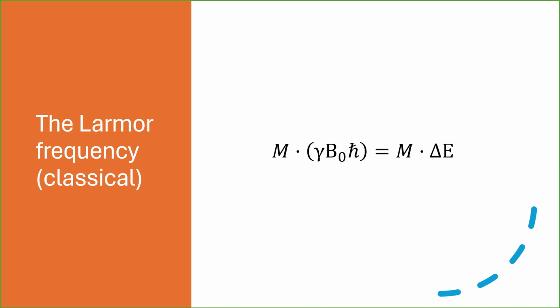And this is actually the energy difference that we talked about in the Zeeman levels. So we can write it as delta E. And we know delta E is also equal to Planck's constant times the frequency of this wave. And now what we can do is actually isolate for the frequency. And we end up with this, which again we can absorb into the gyromagnetic ratio to get the same formula as before. So that's the classical way of proving it.